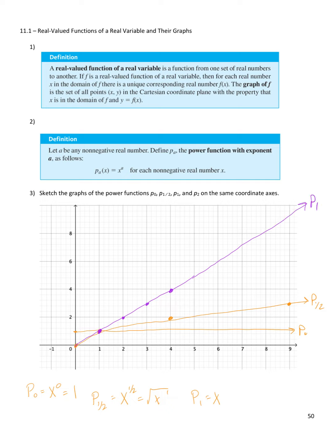And then finally P2 would be x squared. So that starts at 0, 0, then 1, 1, then 2, 4, 3, 9, and that's enough to get a picture of this graph. So those are the power functions with powers of 0, 1/2, 1, and 2.